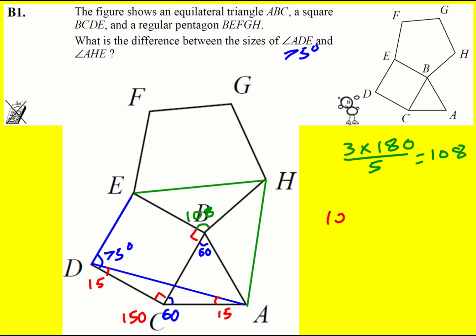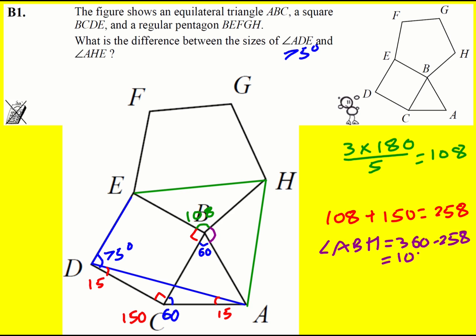So I've got 108 plus 90 plus 60, that's 150. So I've got 258, and therefore this angle here, angle ABH, is going to be 360 minus 258, or 102.